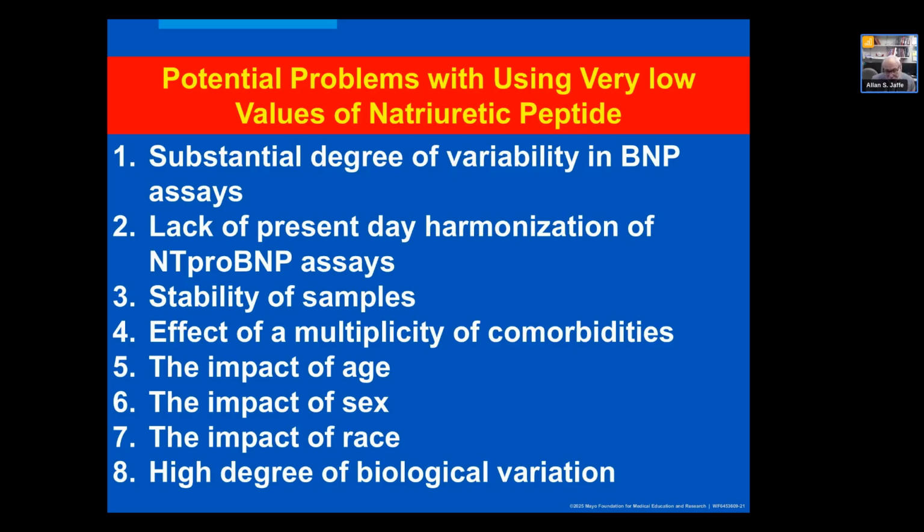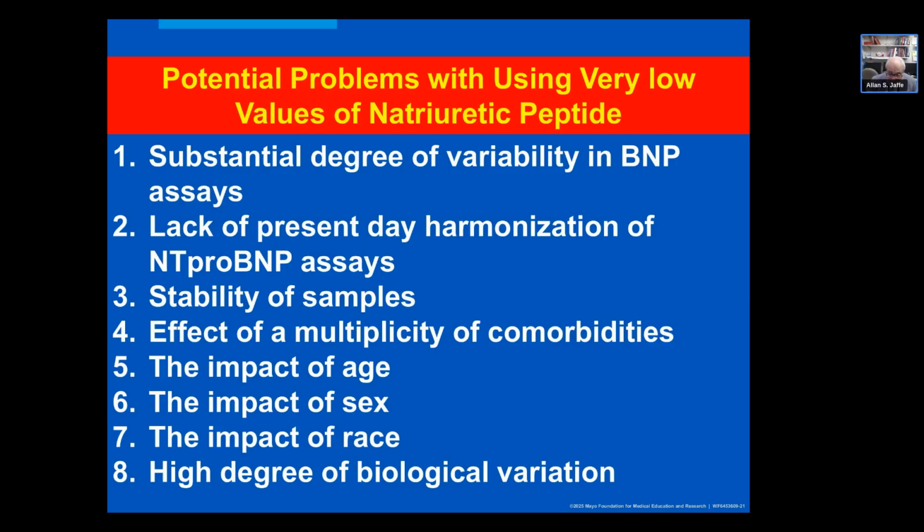There may be differences depending upon the assays and the stability of the samples. We know that's for BNP. It's not clear. It's different for NT. It usually is different for NT-Pro BNP, but again, could be a problem. There's the effect of the comorbidities, one of which I showed you. There's an impact of age.